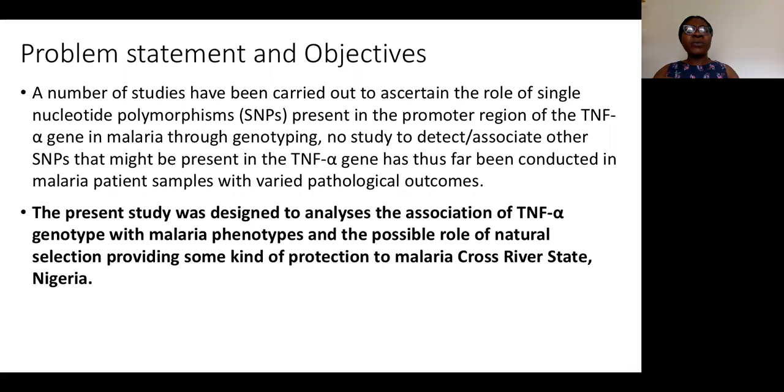But studies have not really focused on other parts of the gene that are outside the promoter region. Do we have other SNPs, or other single nucleotide polymorphisms, in this gene outside the promoter region that could also impact malaria outcomes?